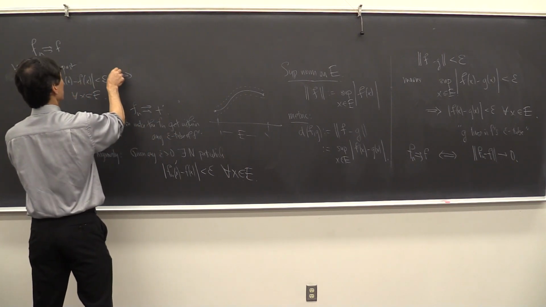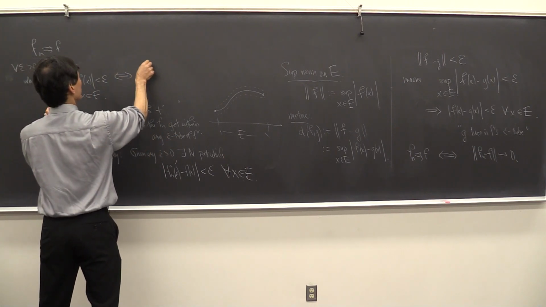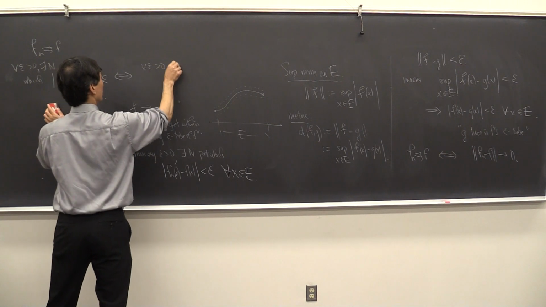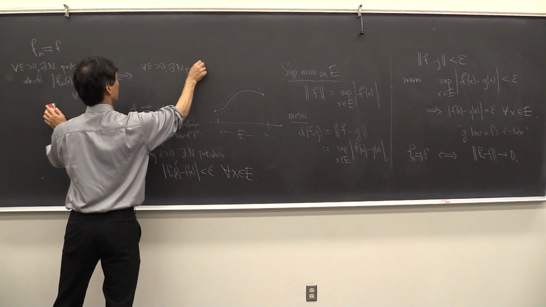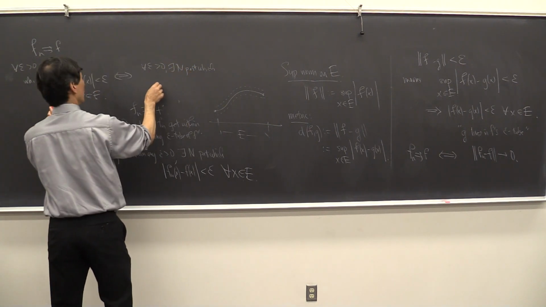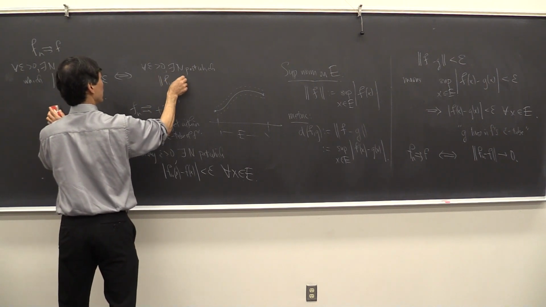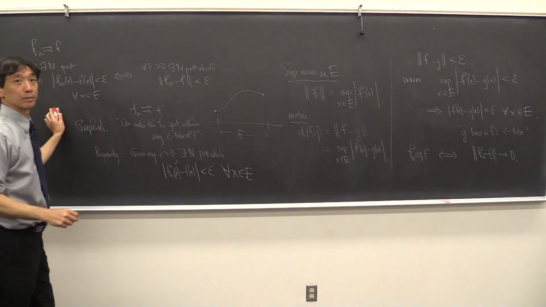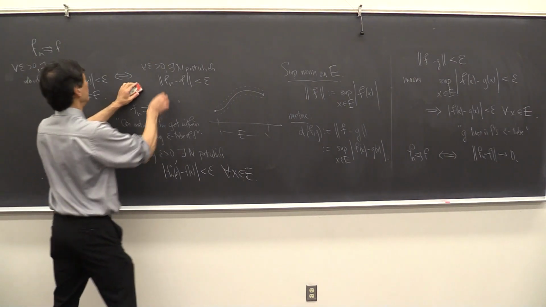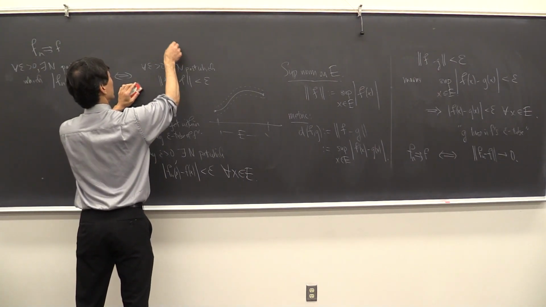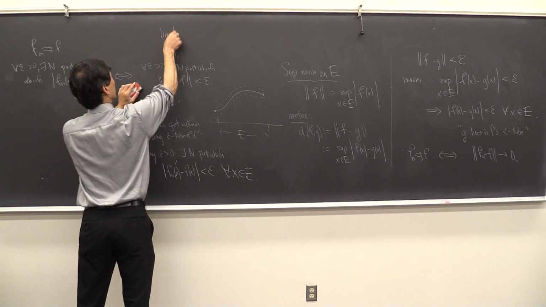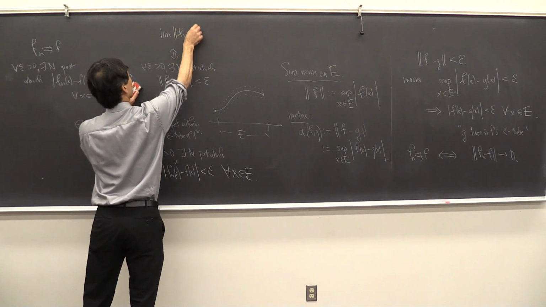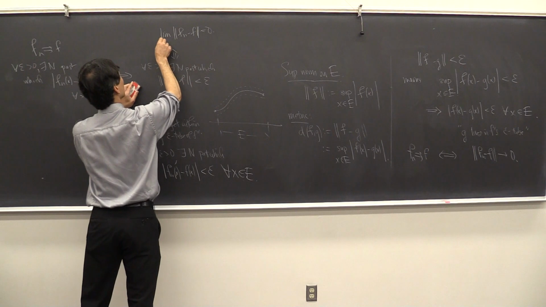But that's the same thing as saying that for all epsilon greater than 0, there's a time past which this thing is smaller than epsilon. But that's the same thing as saying that the limit of the differences is 0.